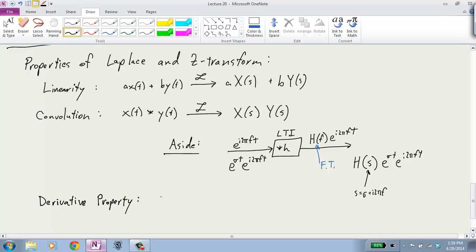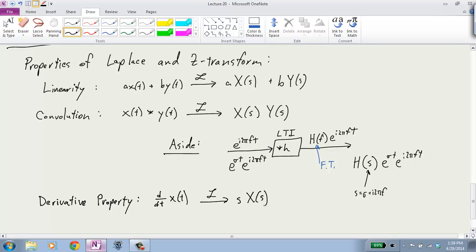But if we take a derivative of x of t, and we take the Laplace transform, then what we get here is just s times x of s.